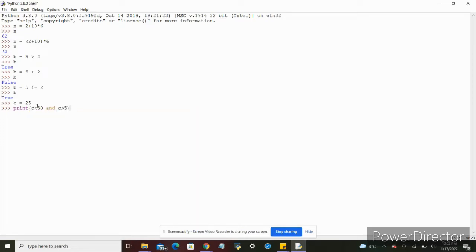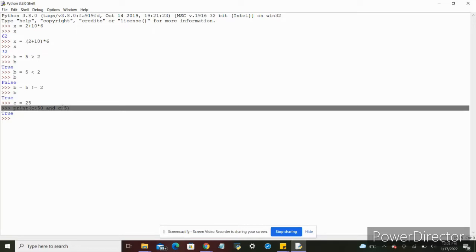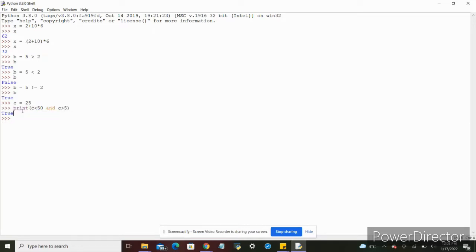These state the parameters that c must have. So if the parameters are true, then the output is true. To make sure these are the parameters, you have to put the and in the middle. It says that both of these have to be true for the statement to be true.